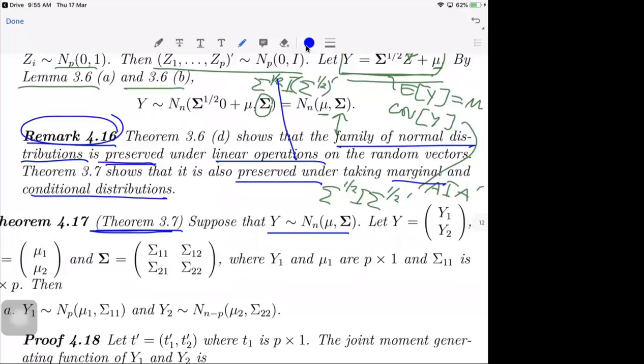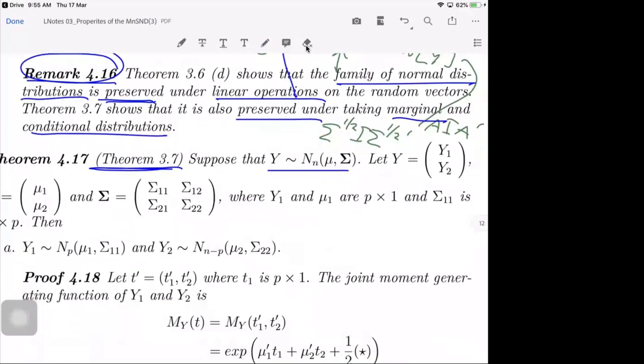So this is the next theorem. It talks about marginal distributions. So ibig sabihin, i-partition nato ang atong y as y1 and y2. But then again, recall that these are vectors, not a single y1 ha. Ang y1 is vector na siya, ang y2 is vector na siya.